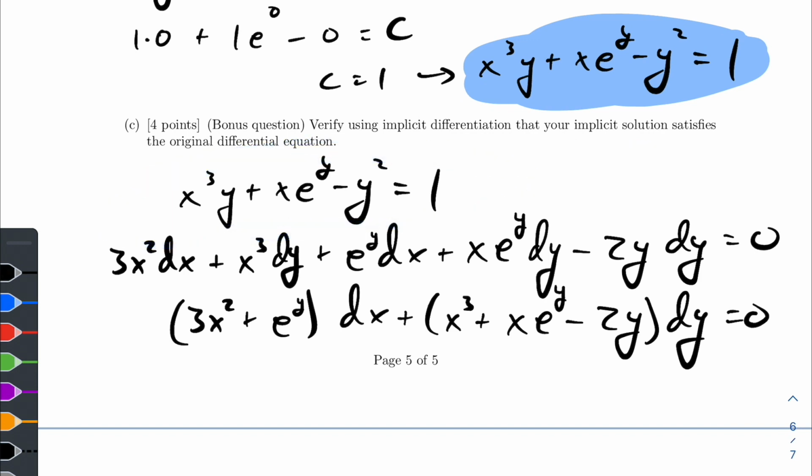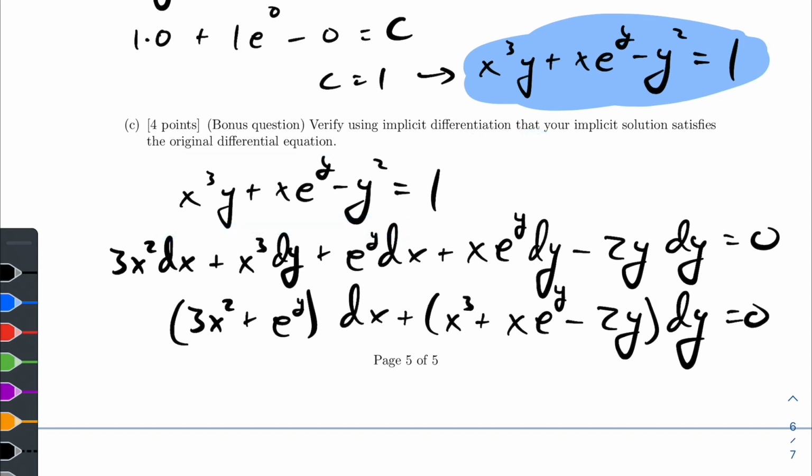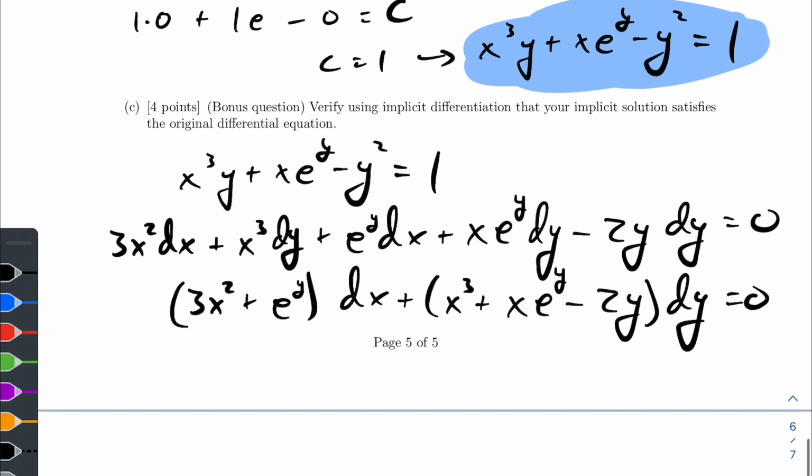And so I kind of nitpicked that. Basically what I'm saying is use implicit differentiation to verify a solution as opposed to checking your work. Those are different things, even though the work for them looks pretty similar. Okay. Anyway, that's it for that.